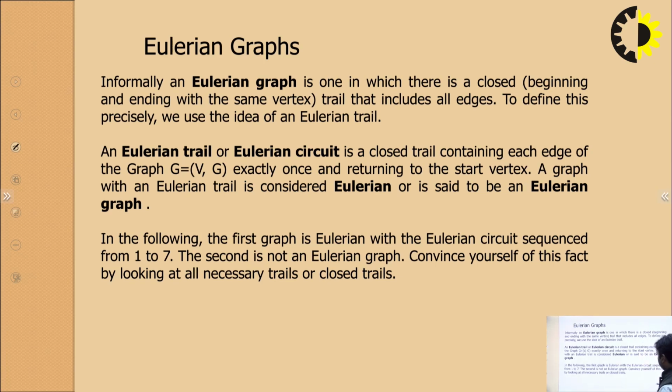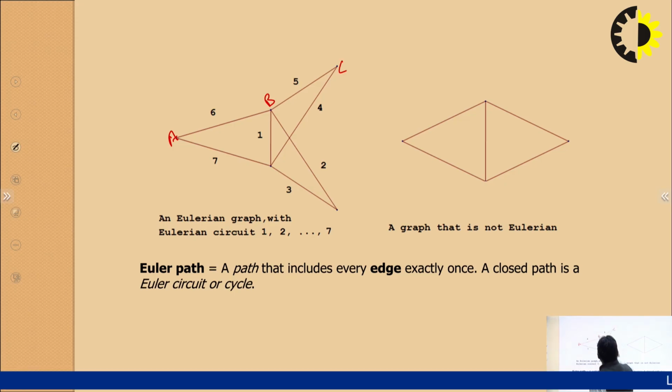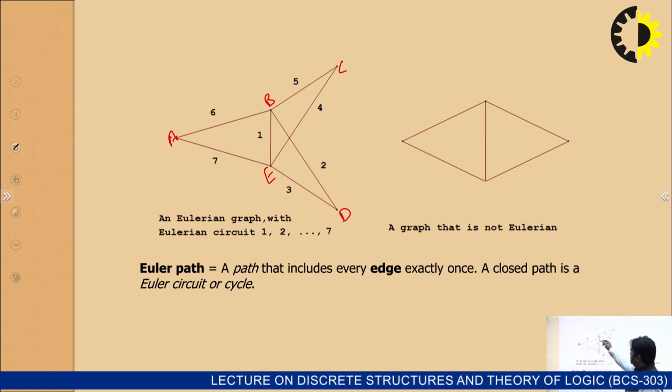We explain with a diagram. Here is a diagram in which there are vertices A, B, C, D, E. This is a graph in which A, B, C, D, E are the vertices and these are the edges.